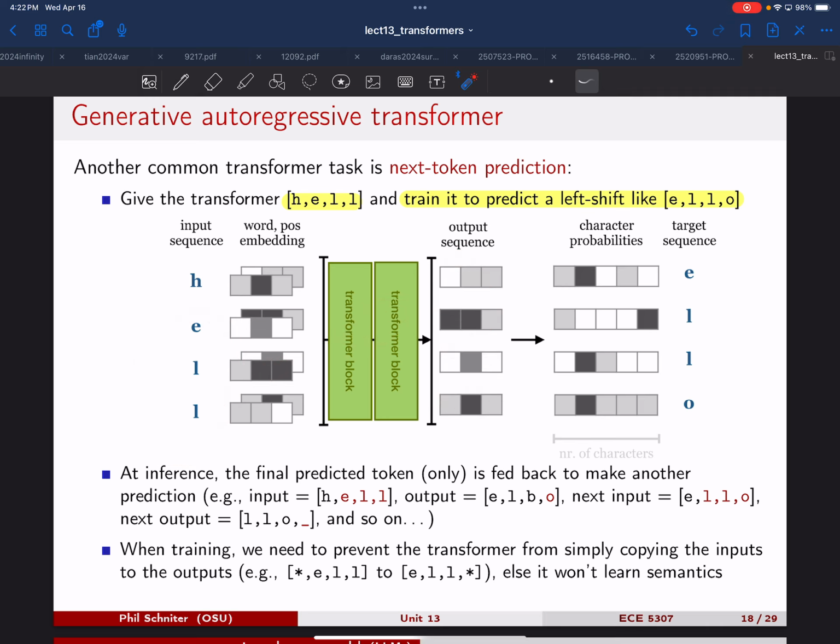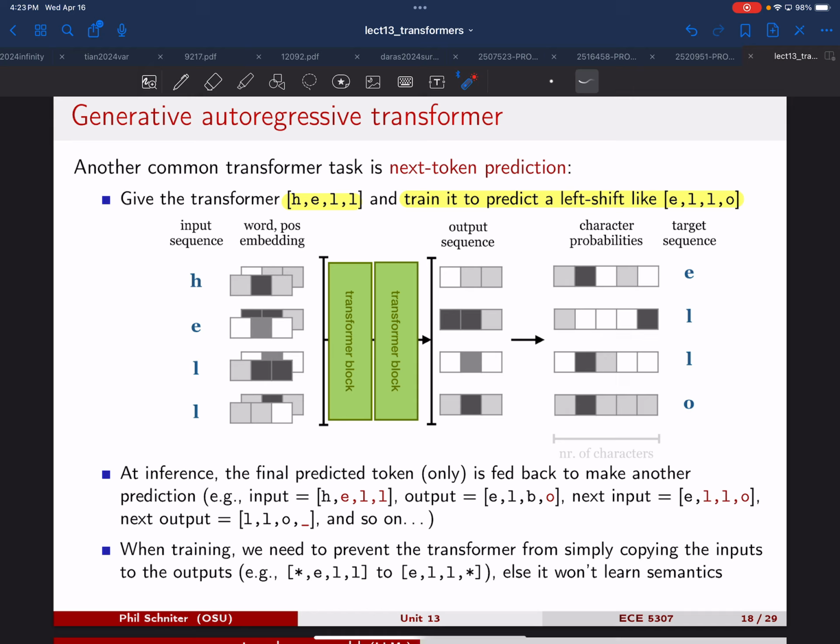That's how this is run at inference. Any questions on that idea? That's the idea driving a lot of these current large language models. I'll explain a little bit more about why in a moment.